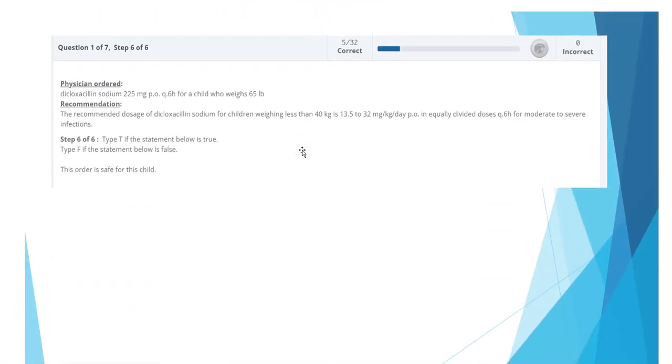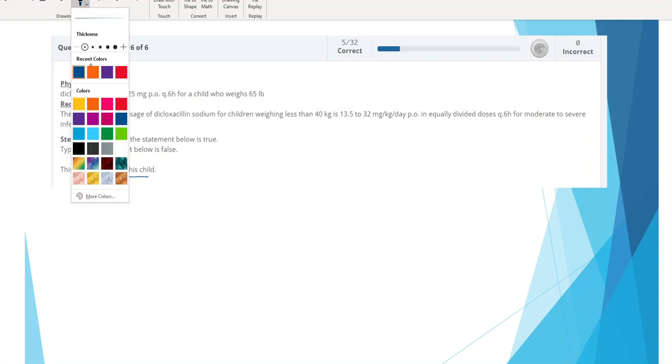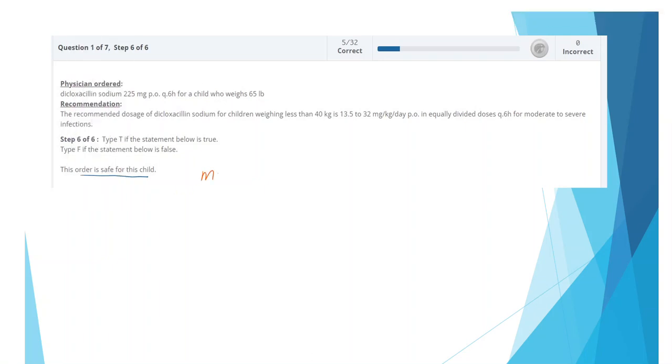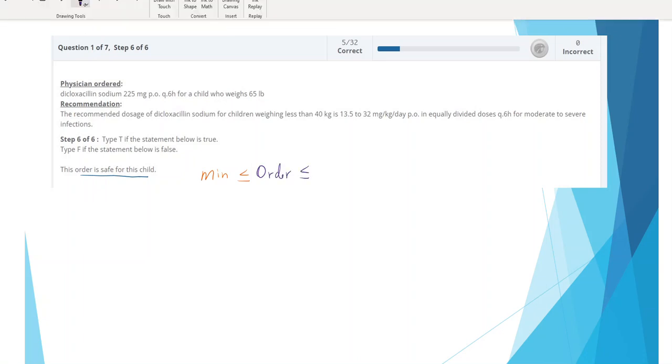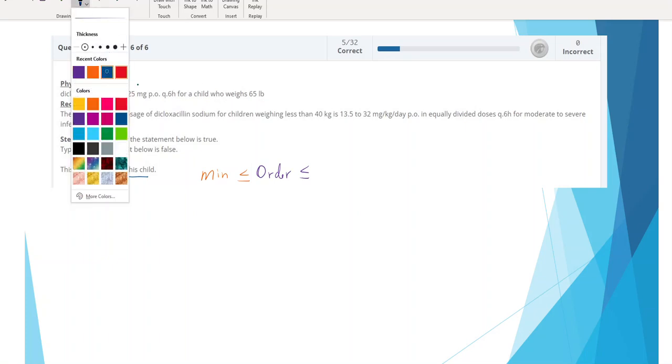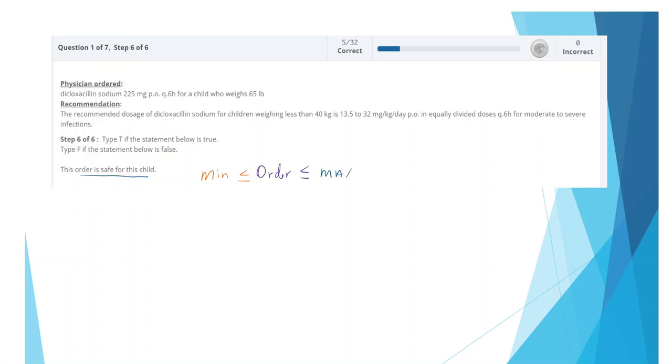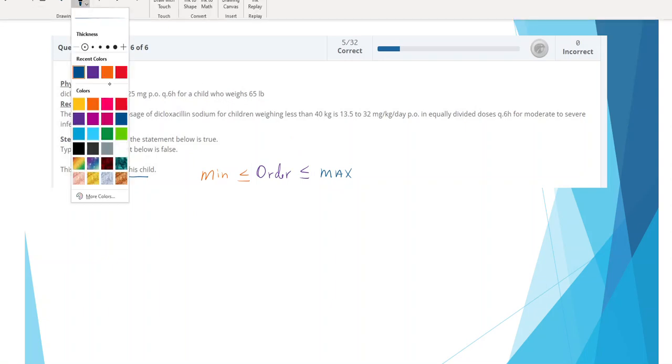The next step is asking, is the order safe for this child? To determine if the order is safe, I'm going to play with my colors again. I'm going to take my minimum, which has to be less than or equal to my order, which has to be less than or equal to the maximum. And if this is true, then the medication is safe.